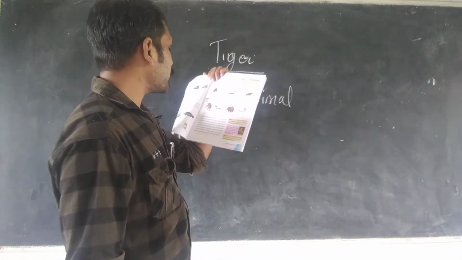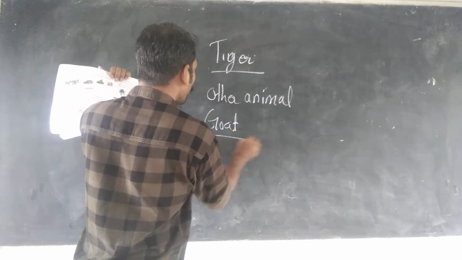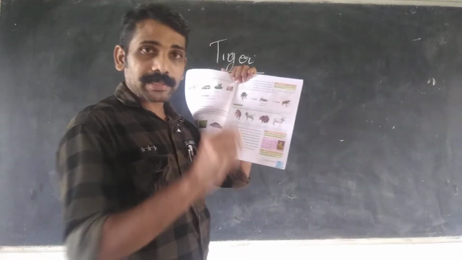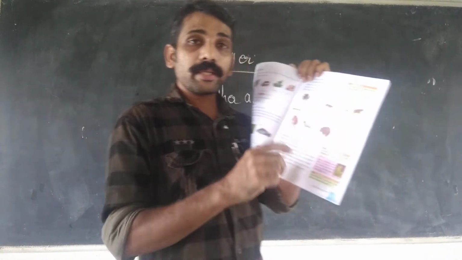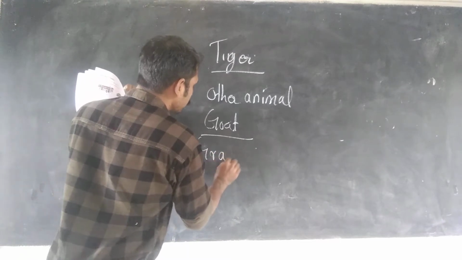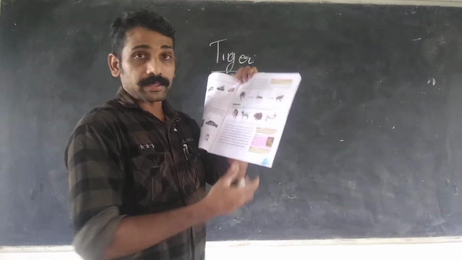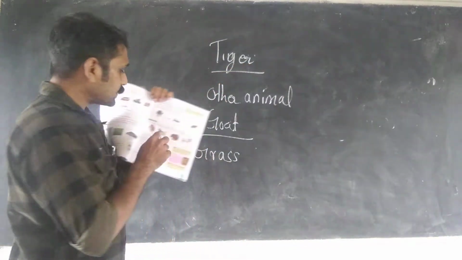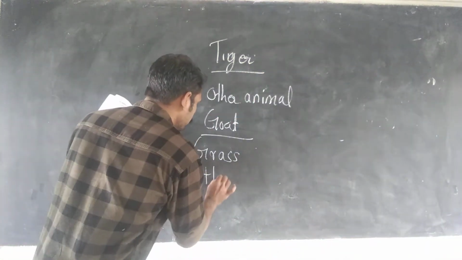Next is the goat. Below the picture of the goat there is a blank, and you have to write what food the goat eats. The goat eats grass. There is only one blank, so you can write grass, or otherwise you can write hay.